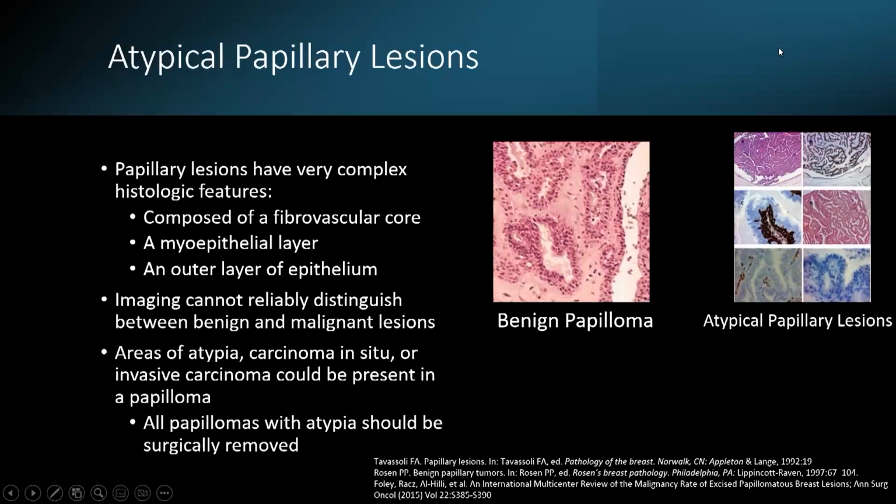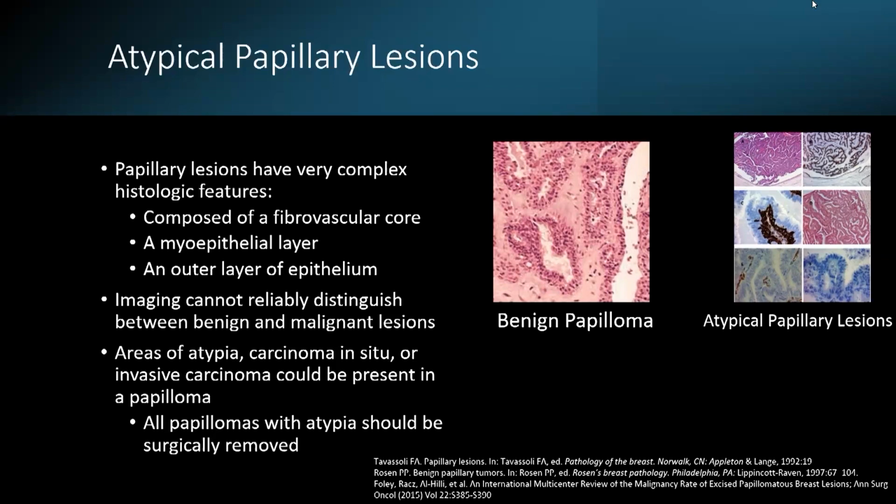So what happens with these atypical papillomas? Well, these atypical papillary lesions have a very complex histologic pattern. They may have a fibrovascular core. There may be a myoepithelial layer. There may be an outer layer of epithelium.